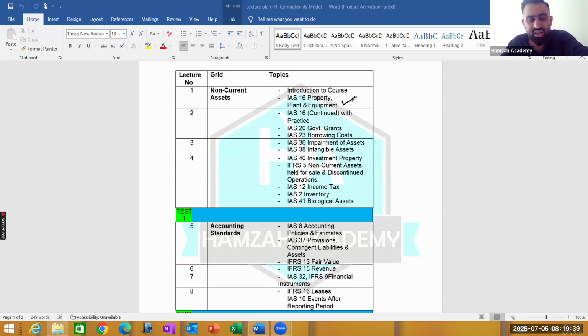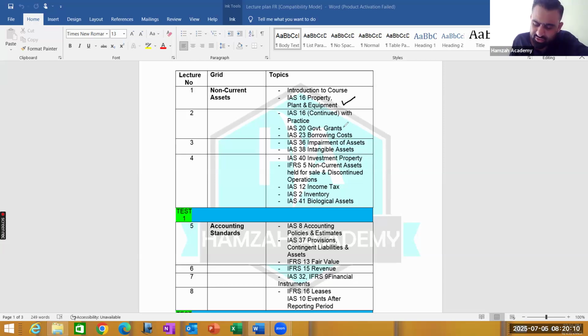In this area, we will be discussing the accounting for tangible non-current assets like land, building, plant and machinery, vehicles, furniture and fixtures. Such tangible non-current asset accounting will be covered in IAS 16, property, plant and equipment.